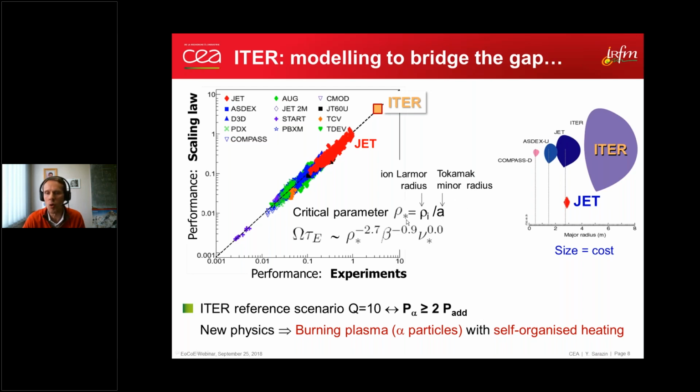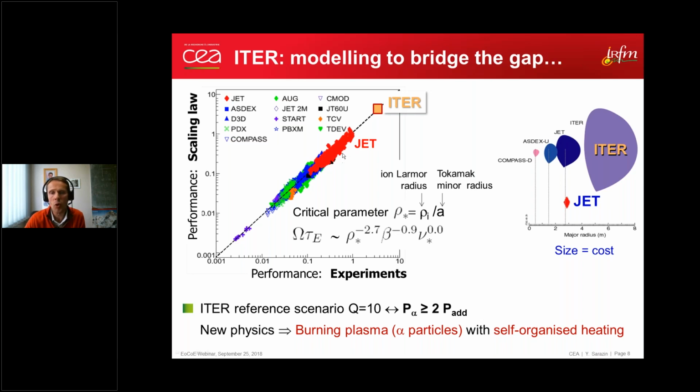Rho star is fairly small, and it's even smaller when you go to ITER. And there's basically a factor of 2 with respect to the largest machines that we can run presently, which are JET and JT60 in Japan.